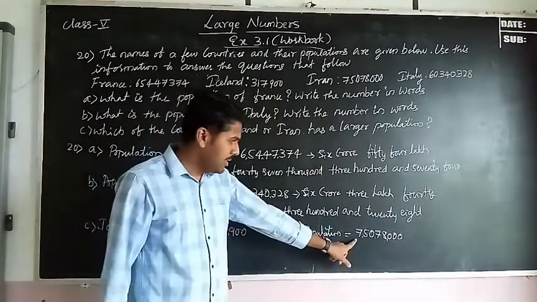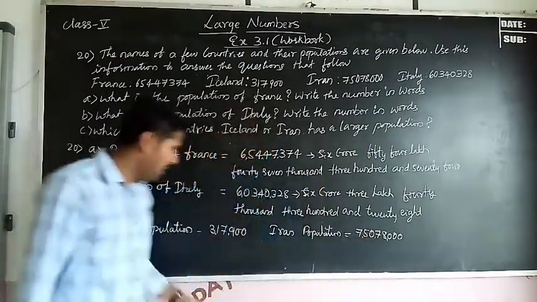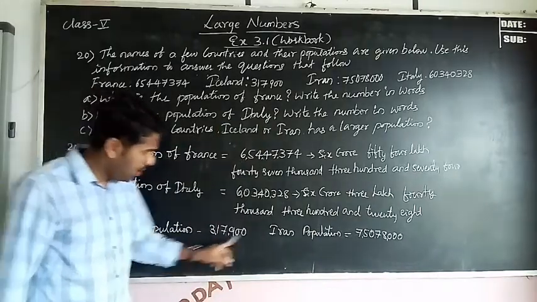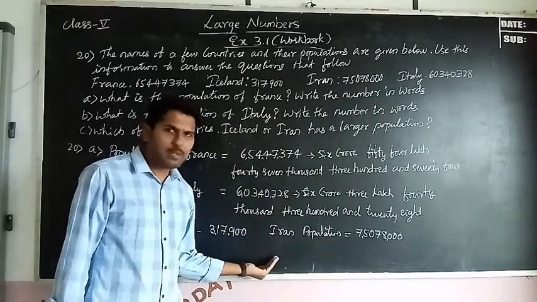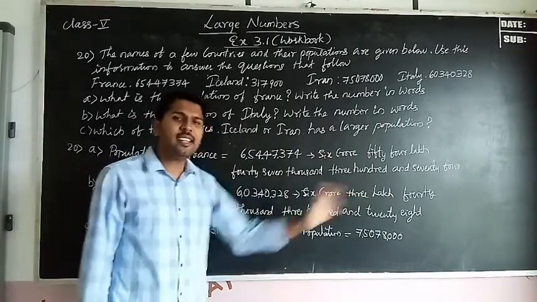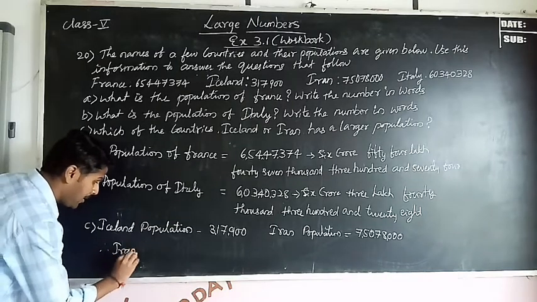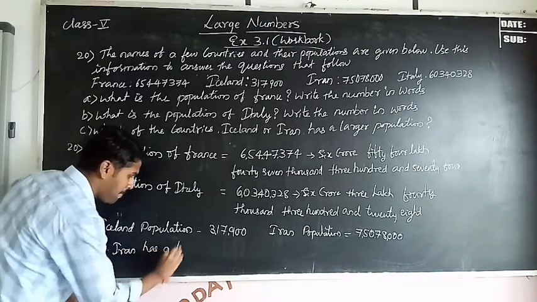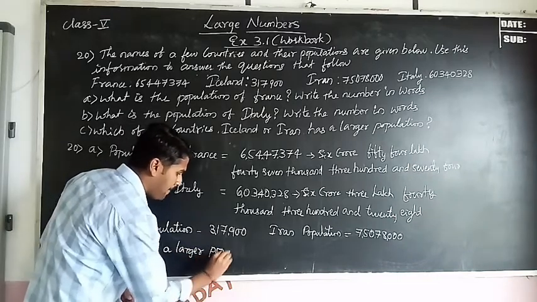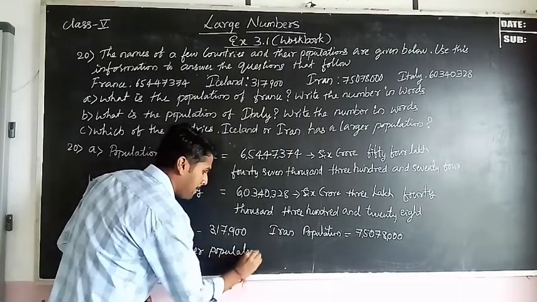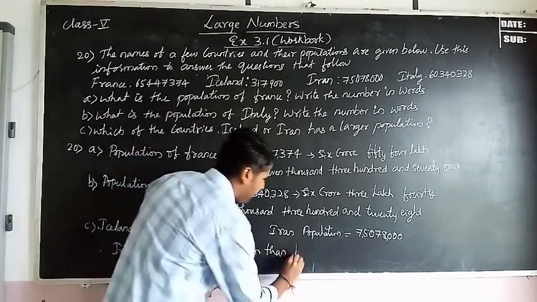So here 7 crore 50 lakh 78,000, but here only 3 lakh. So compare these two, which one has a larger population? Obviously Iran has a larger population than Iceland.